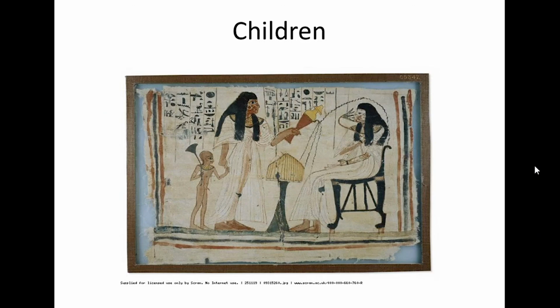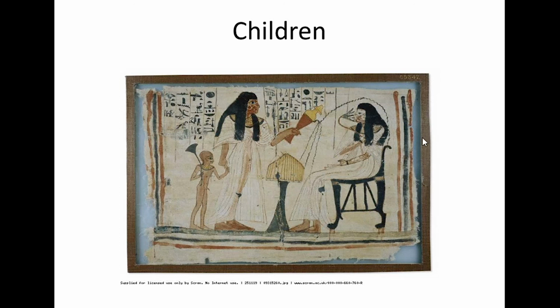Children are even more poorly represented in the archaeological record for various reasons to do with both Egypt itself and with the archaeology of Egypt. When we do see them, again, they tend to be the children of the wealthy.